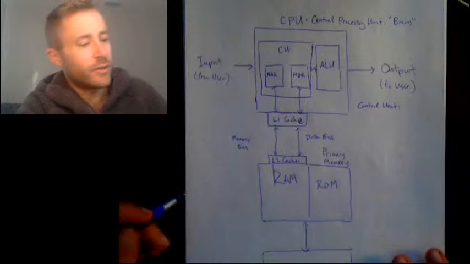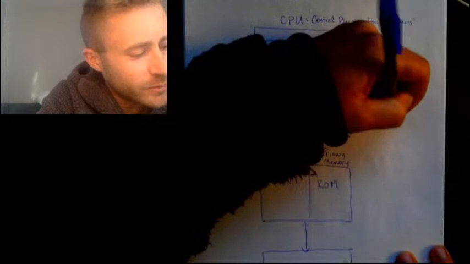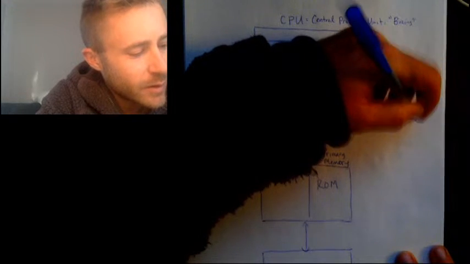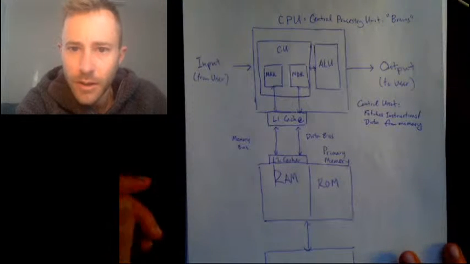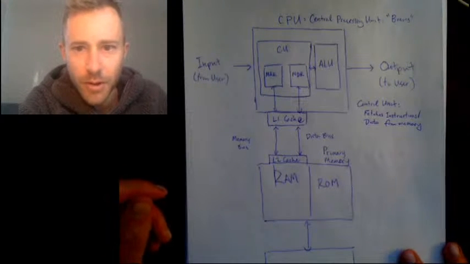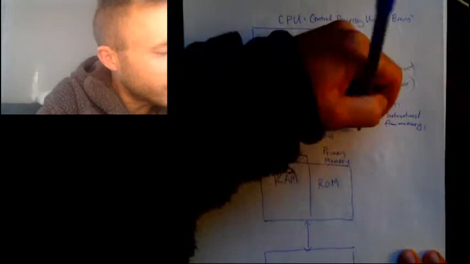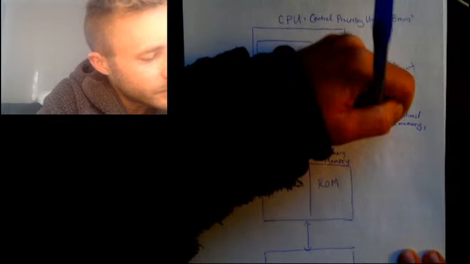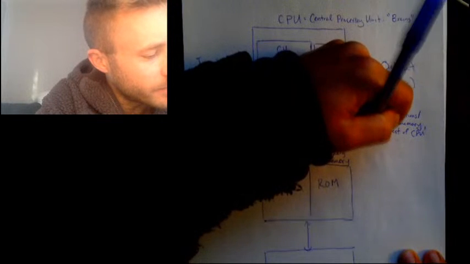What the control unit does is it fetches instructions and data from the memory, and then tells the rest of the CPU what to do with it.